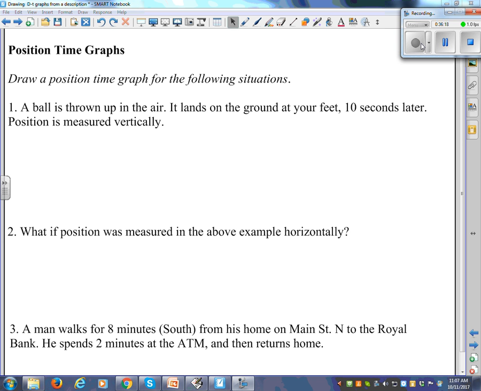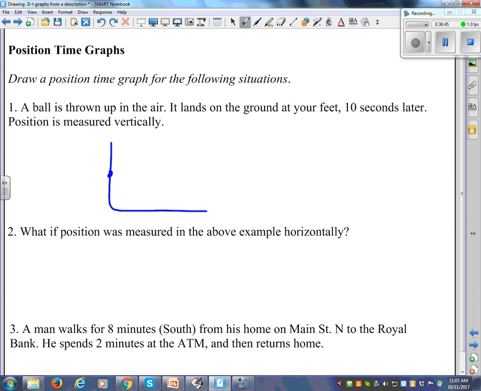Position is measured vertically. In other words, we're not interested in the distance this way, we're interested in the distance up and down. So as it goes up, is it all going to be positive? Because 0 would be the ground, the floor. That would be the frame of reference. So I would have to start about there, and I would throw it up. As it goes up, does it keep going at the same speed? Would it be a straight line?